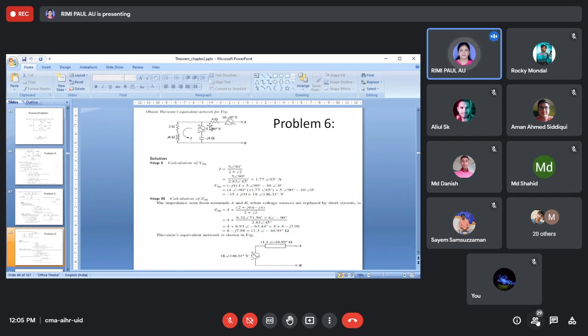So whatever voltage drop you find here, minus this voltage drop or voltage, is equal to this VAB. So VTH is equal to 18 angle 146.31 degree.